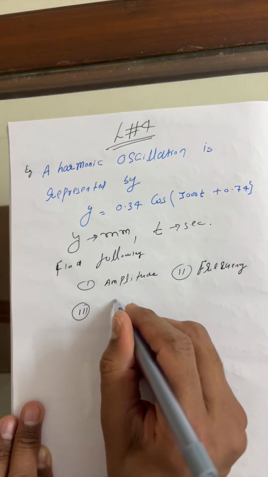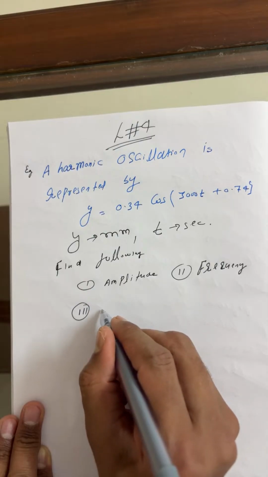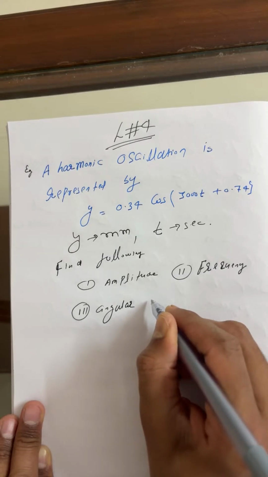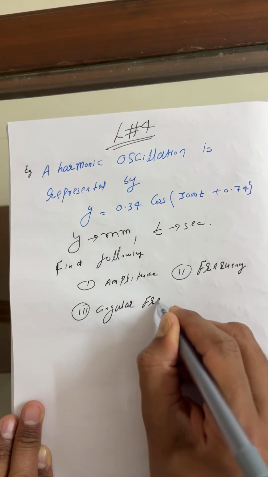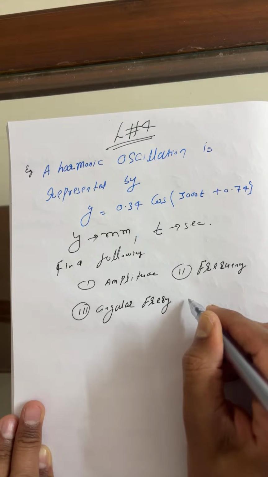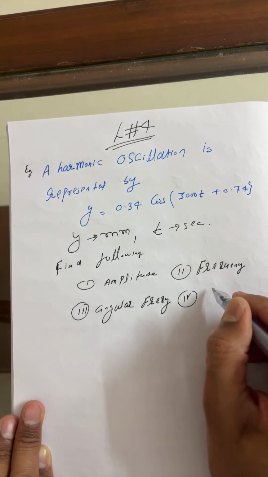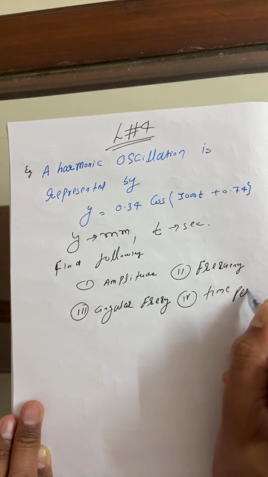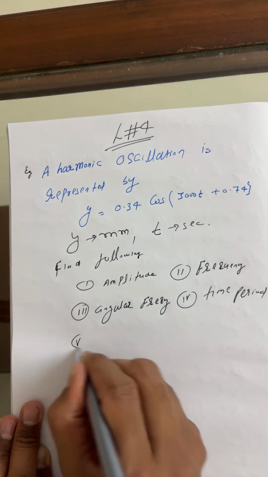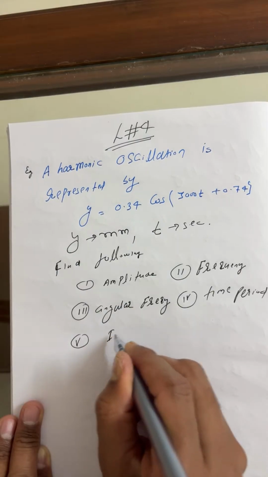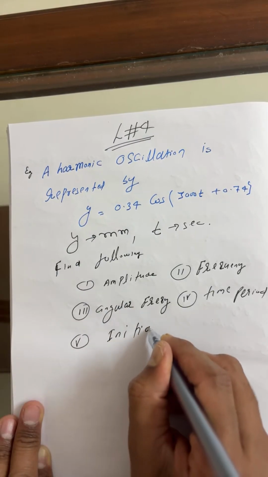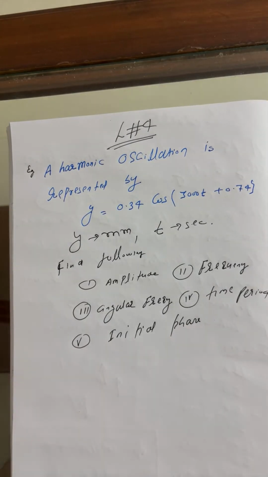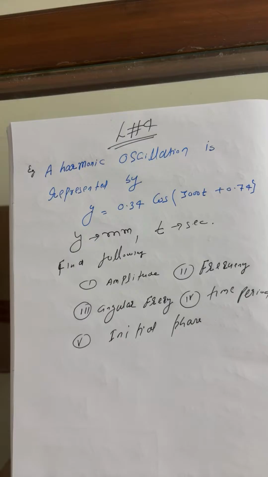Third one, angular frequency. Fourth, beta, is time period. Last, students, initial phase. Yes, beta, you have to find all these things.